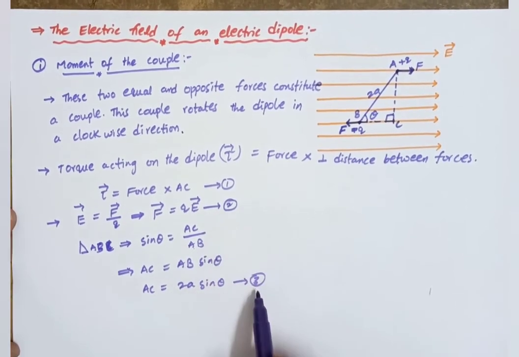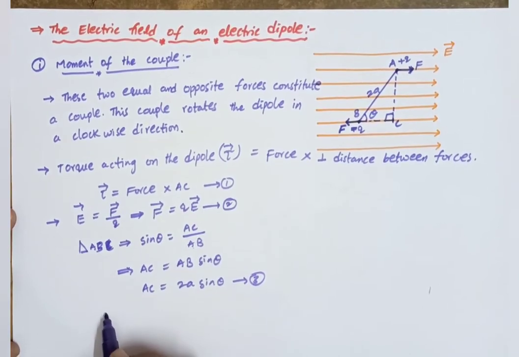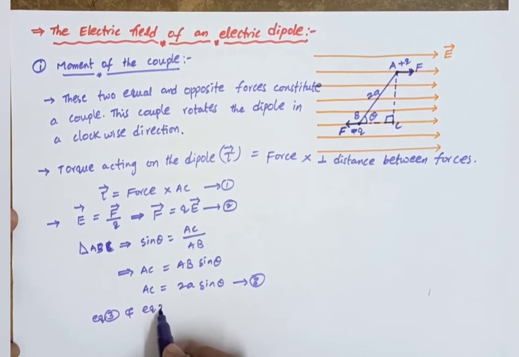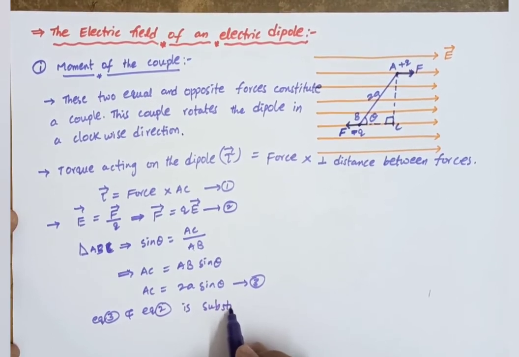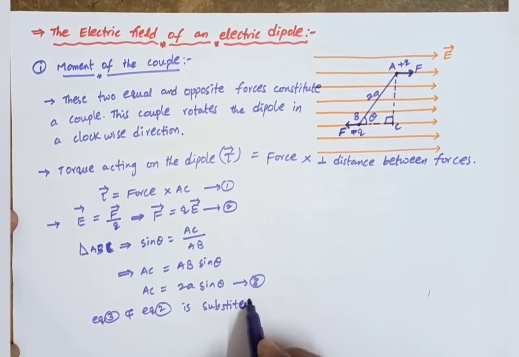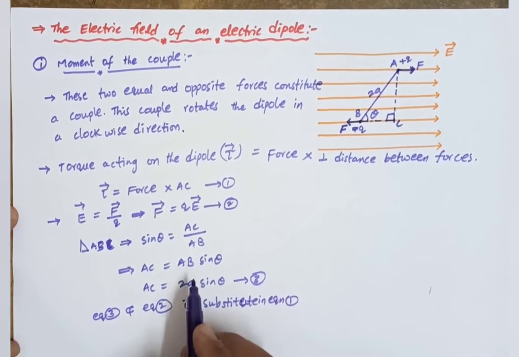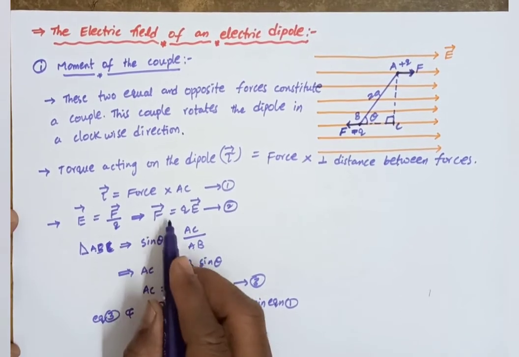Equation number 2 and equation number 3 are substituted in equation number 1. So then tau bar equals, what is the force?